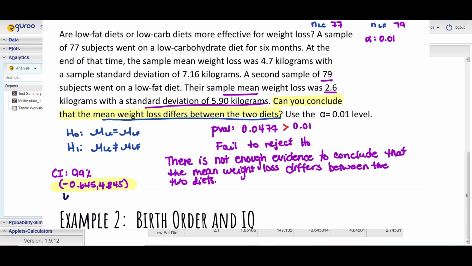So the template's very similar with one change. Remember you put your confidence level there, percentage.